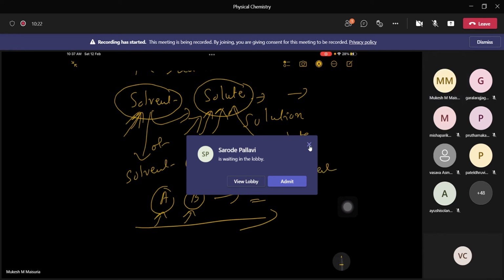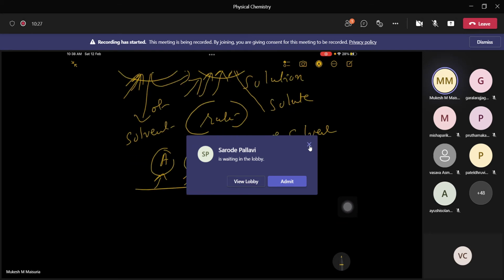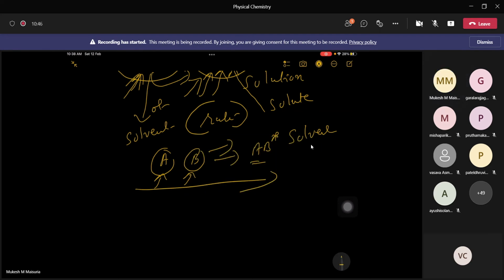According to the collision theory, the reactant molecules should collide with each other, and the rate is related to the concentration of the molecules.